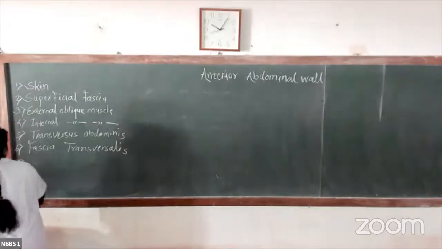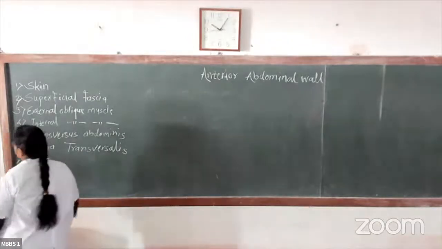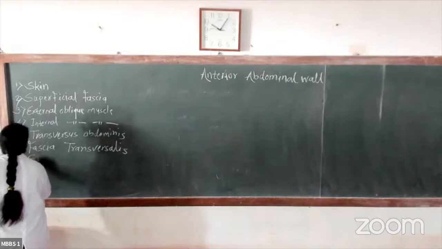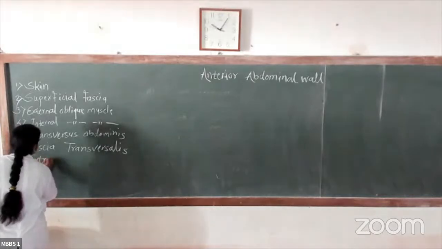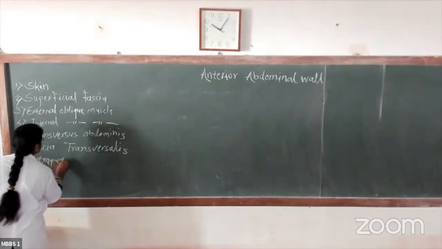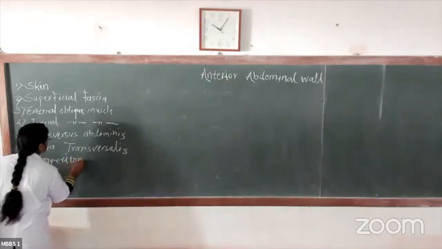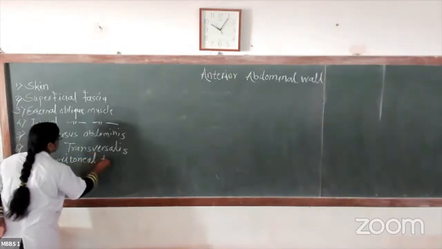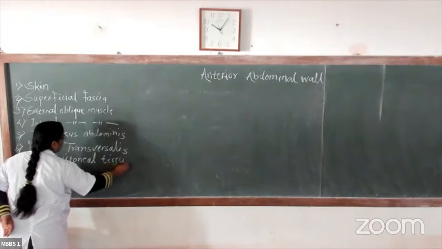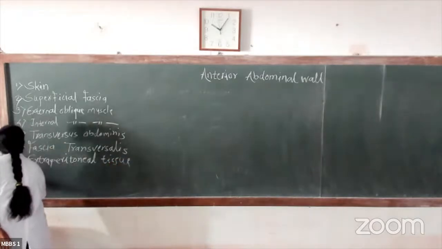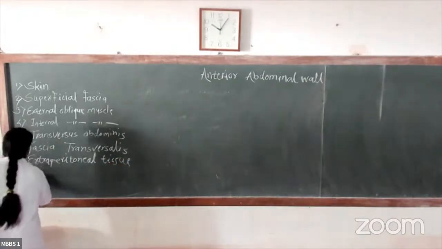Deep to this fascia transversalis, there is a layer of extraperitoneal tissue, and the innermost layer is the parietal peritoneum.